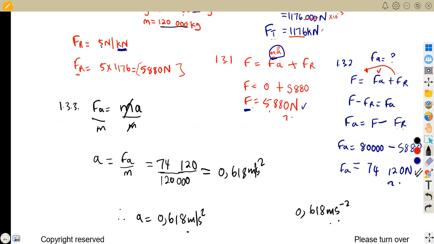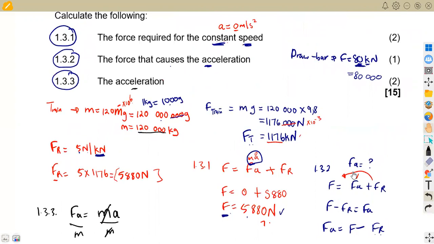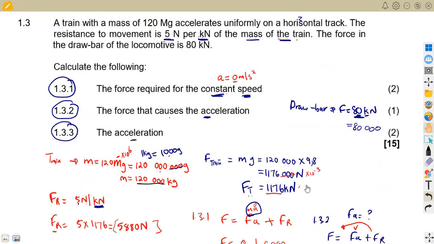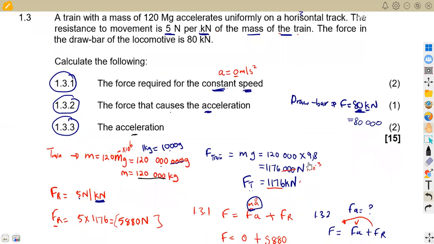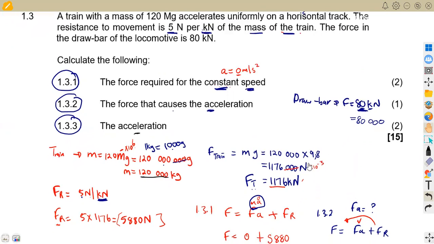Okay, so that was 1.3, which was actually 2 marks for everything. As you can see, guys, these are typical questions. They will ask these typical questions. They want you to understand the issue of conversion of units, and also the application of formulas.